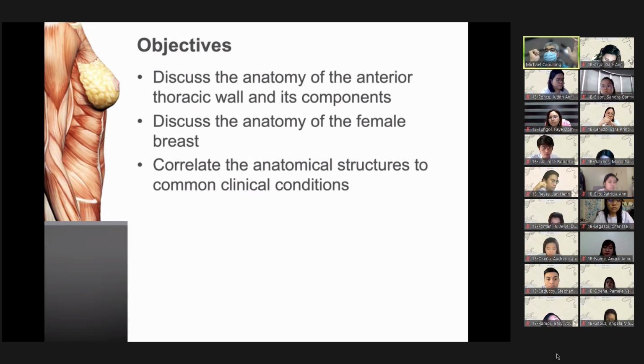Why the female breast? Because the female breast is the well-developed breast tissue. For the males, you only have a rudimentary breast, which is a stunted growth of your breast tissue. At the same time, correlate common clinical conditions that may affect the anterior thoracic wall and the breast.